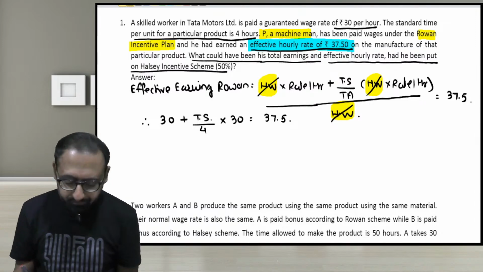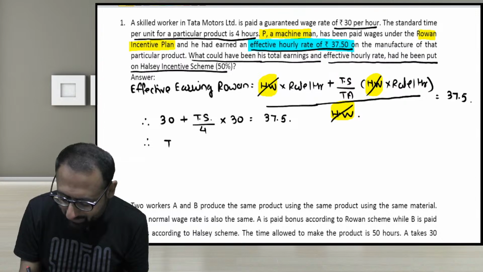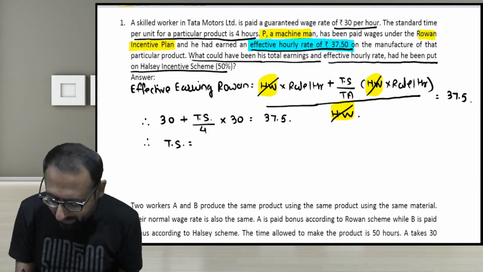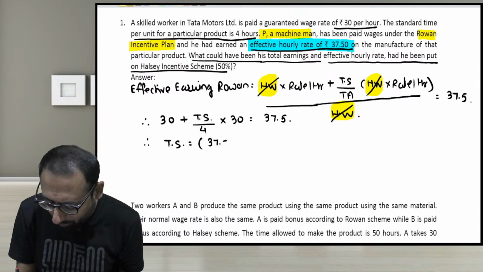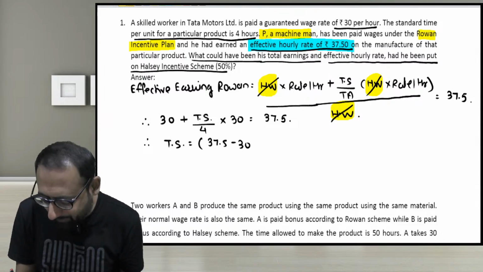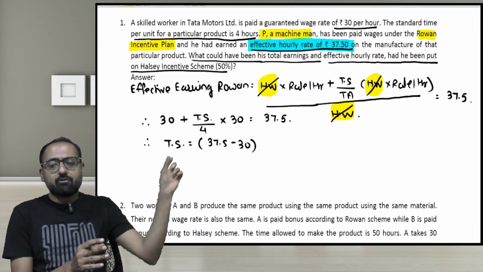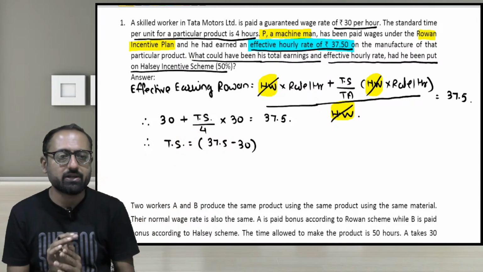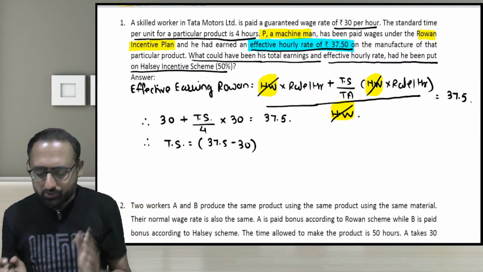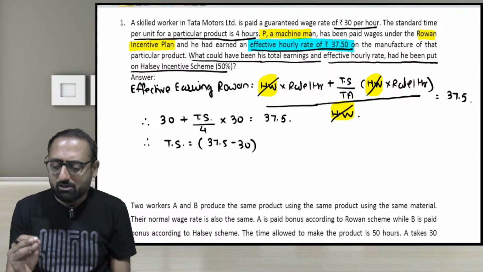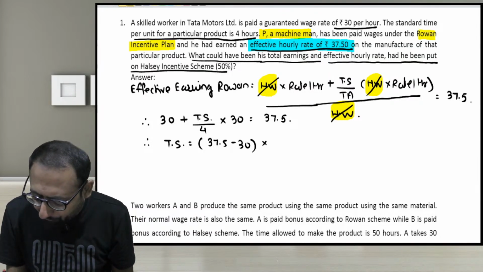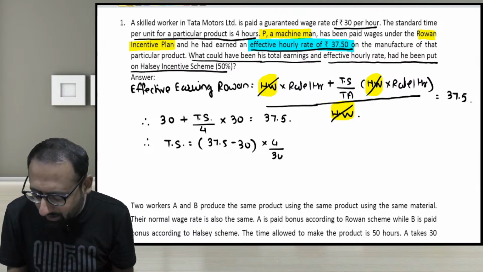So finally time saved is equal to 37.5 minus 30. You are aware that first addition and subtraction will be done, then multiplication and division. So let's work it out: 37.5 minus 30, multiplied by 4, divided by 30.